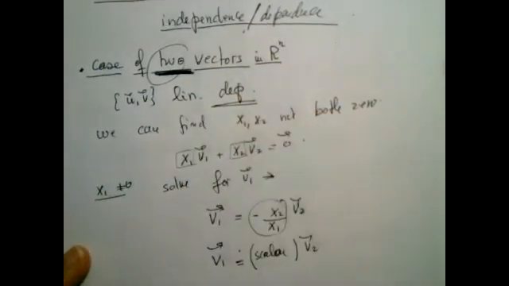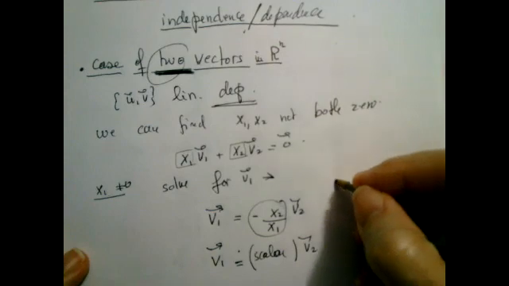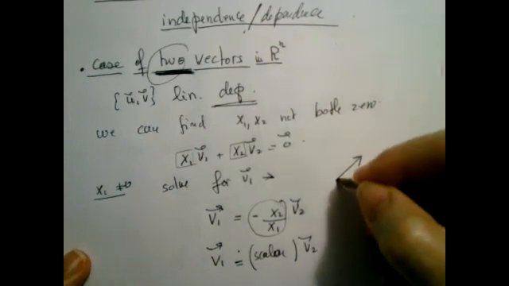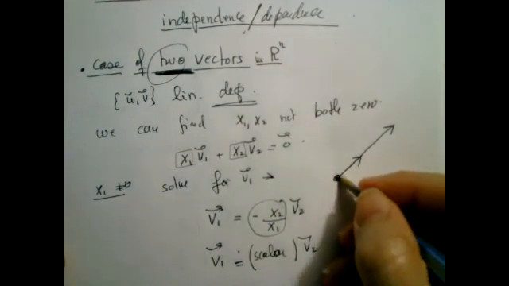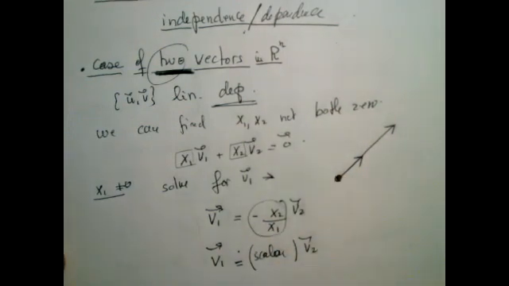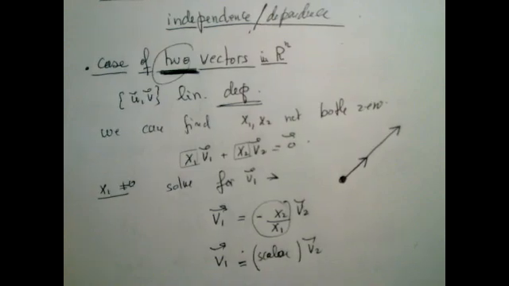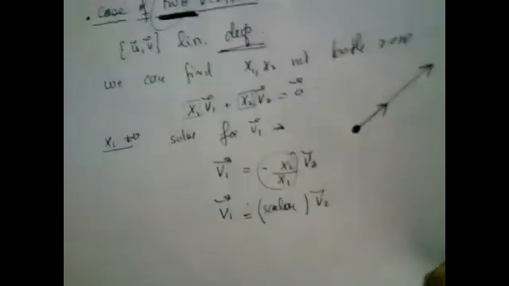Two vectors are linearly dependent if one of them is a scalar multiple of the other. That's if you have two vectors, whether it's R2 or R3 or anything, that's what it means to be linearly dependent. They have to be scalar multiples of each other.